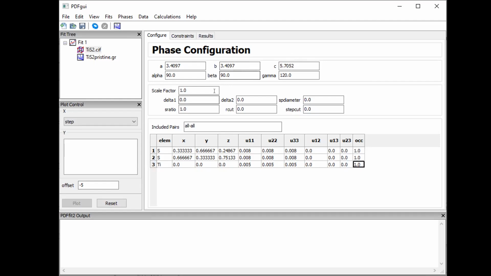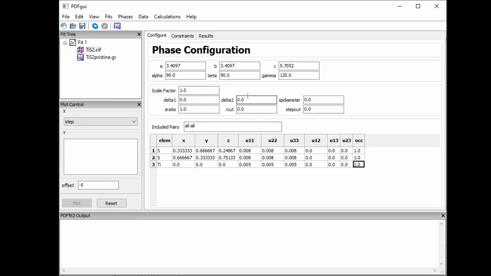So if you remember, I would strongly suggest you always start with the scale factor, because this is simply a coefficient, right? So it will not cause any stability issue related to the fitting. But if you start with, let's say, delta 2, then chances are you may run into problems during the fitting.